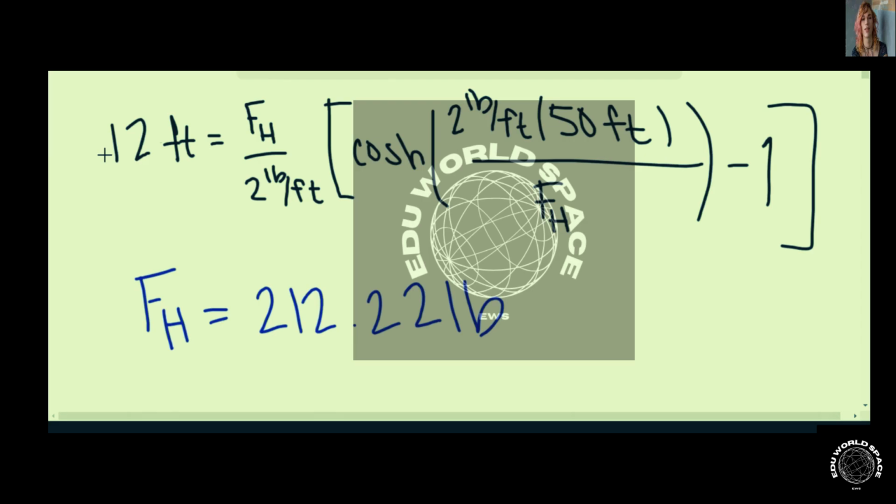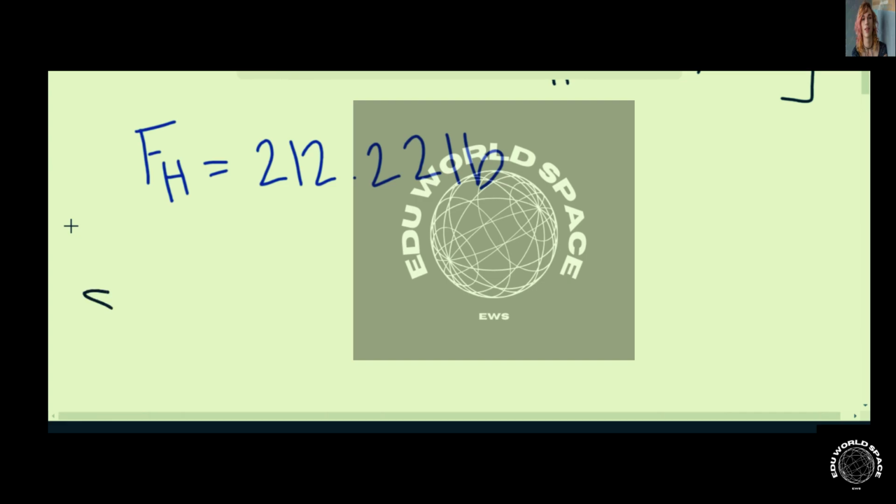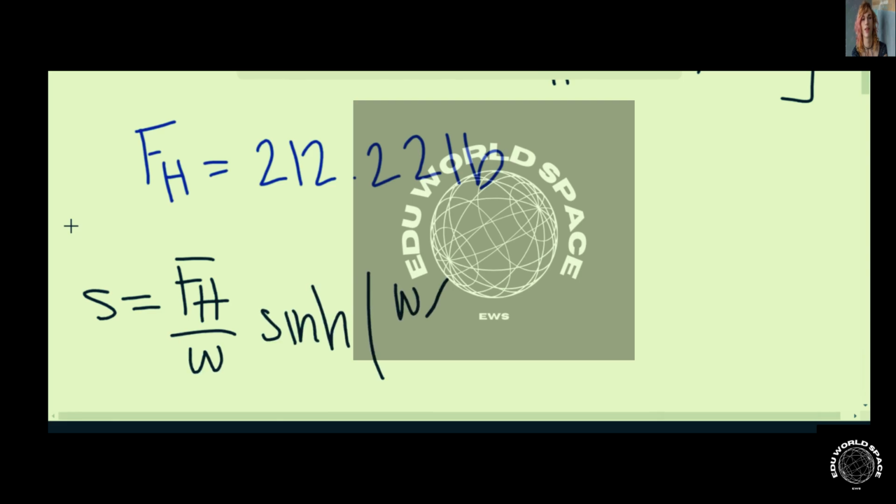Now that we know what f sub h is, what w is, and what x is, we can go back to the equation that defined the shape of the cable, which was s equals f sub h over w times the hyperbolic sine of w times x over f sub h, and plug in all of our known values to solve for s.